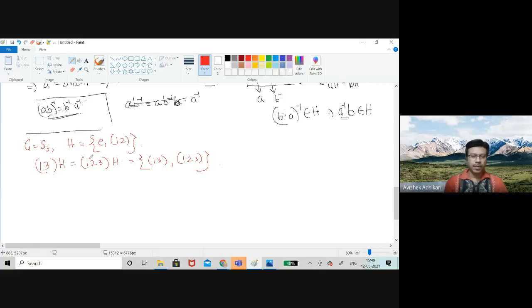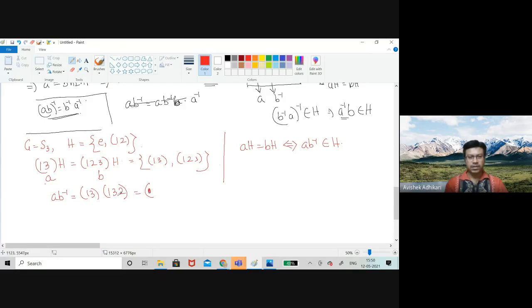Okay. Now, if the statement that I made, AH equals BH if and only if AB inverse belongs to H, is true, then here this is my A and this is my B. Then AB inverse, what is that? (1 3)(1 3 2). And what is this? 1 goes to 3, 3 goes to 1.